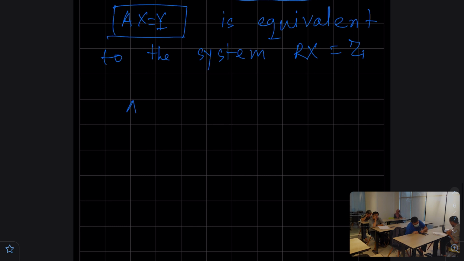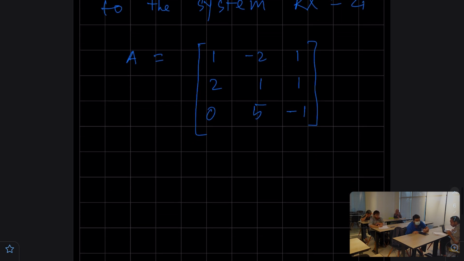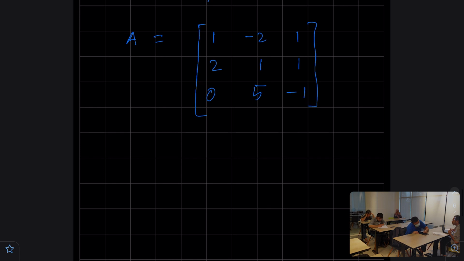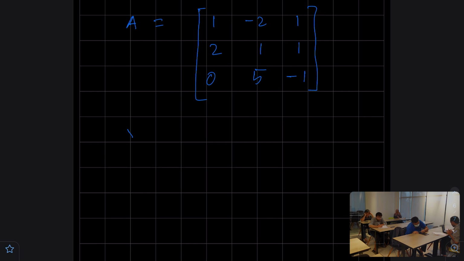So let us consider the matrix A: 1, minus 2, 1, 2, 1, 1, and 0, 5, minus 1. So this is the matrix A. Now I can construct an augmented matrix, and I can consider some m cross 1 matrix Y, where Y is y1, y2, and y3.